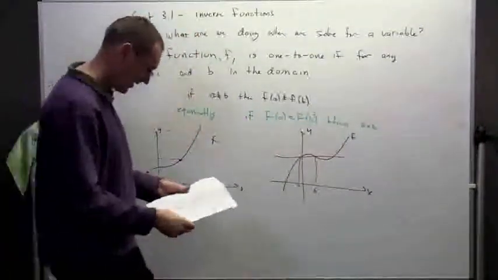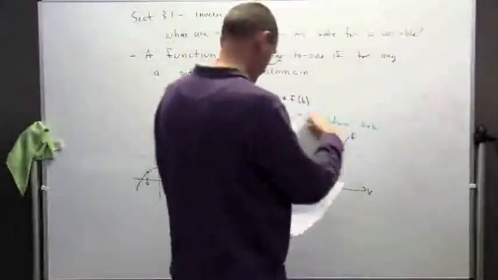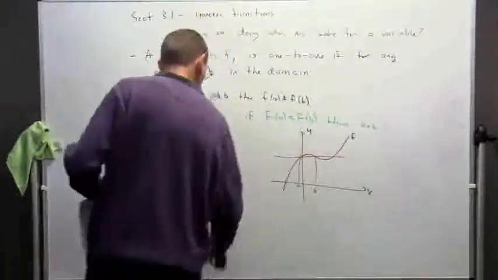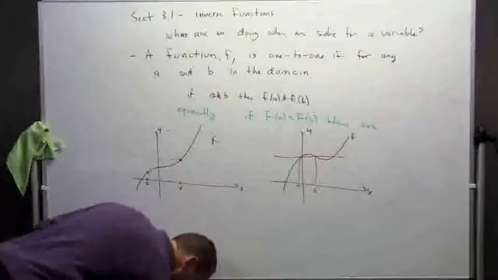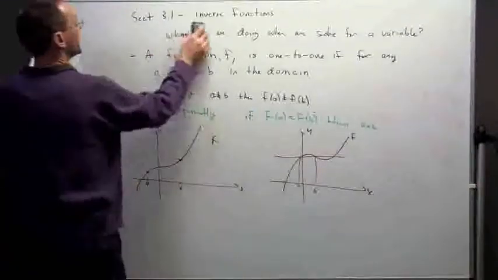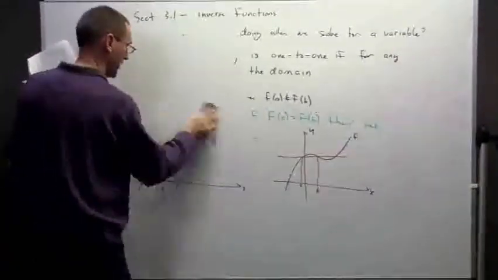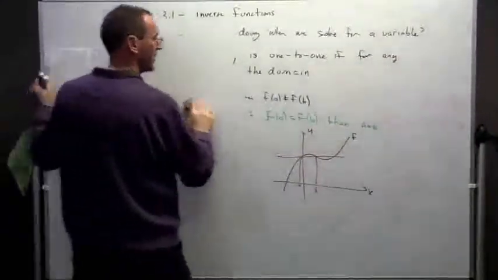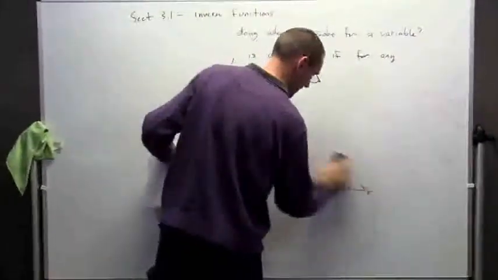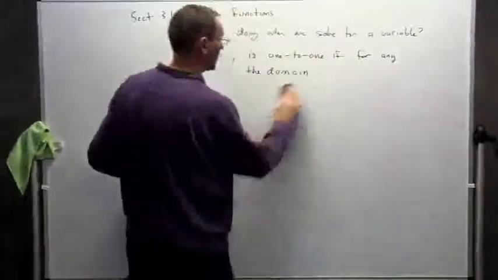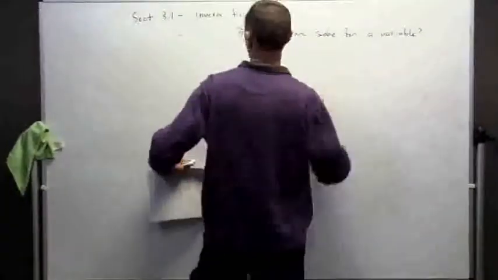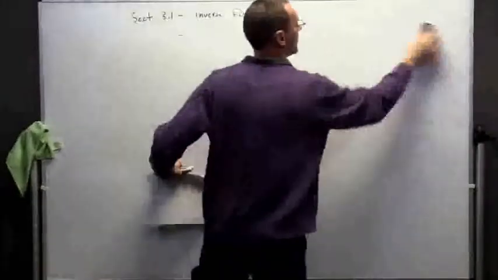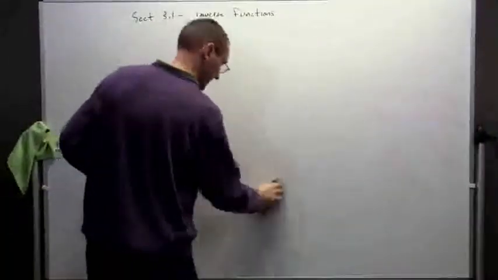Okay? All right, so let's look at some examples. Before I do that, though, I just want to officially state this idea of an inverse function, because this definition of a one-to-one now gives me the ability to define when there's an inverse for a function. Okay?